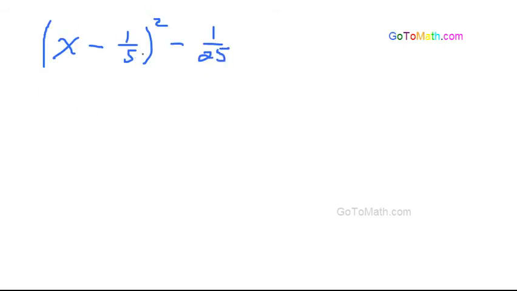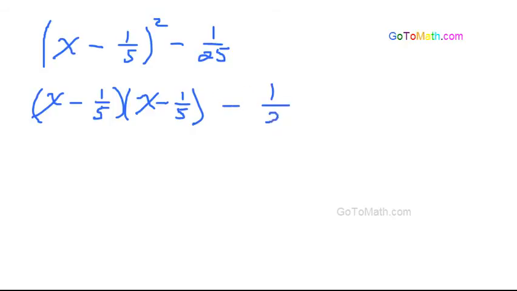We're going to need to expand this out, and that means we have x minus a fifth times x minus a fifth. Gotta love those fractions. And then we've got minus 1 over 25 over here. I guess we'll just write it out like that.